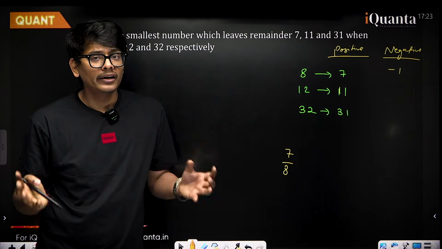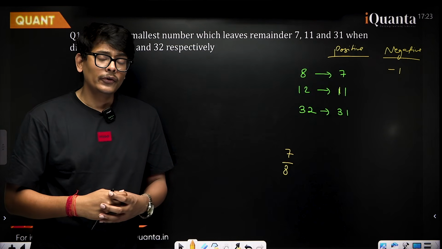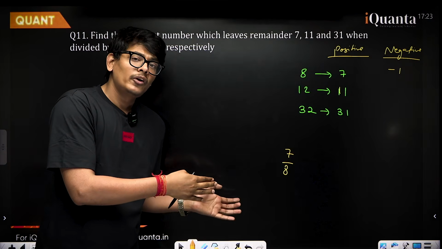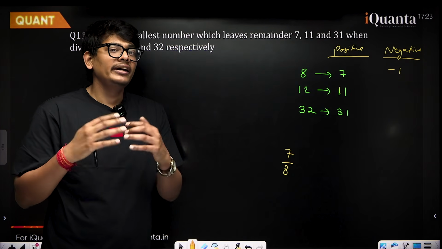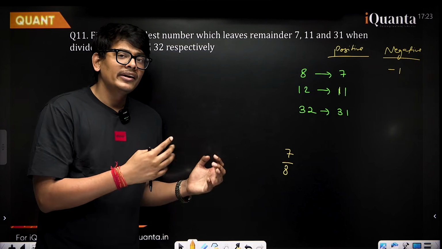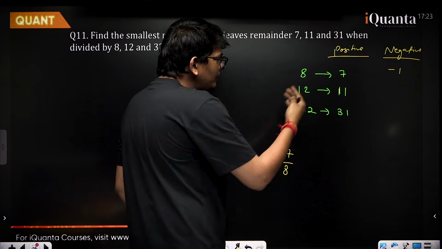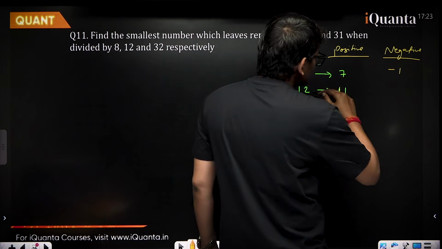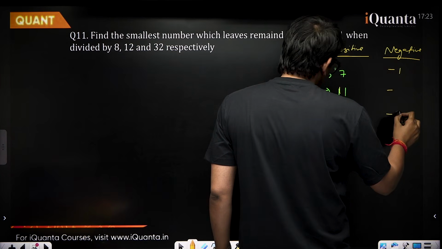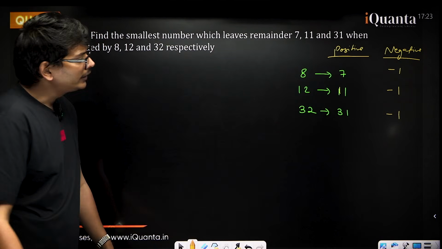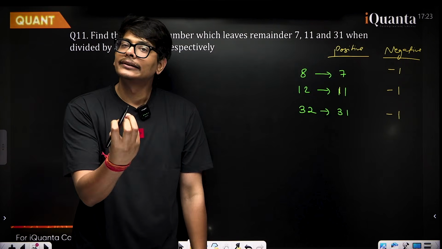That's why it is not divisible by 8. Also, you can say 7 has 1 less. If 7 would have been 8, it would have been divisible by 8. So 7 has 1 less. So that's why the negative remainder is -1. Similarly, 11 has 1 less with respect to 12. 31 has 1 less with respect to 32. So in terms of negative remainder, we are getting the same value.